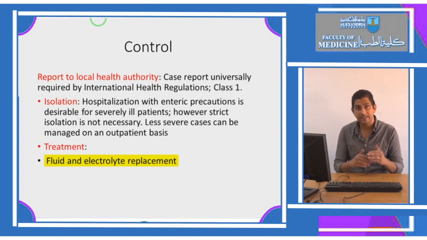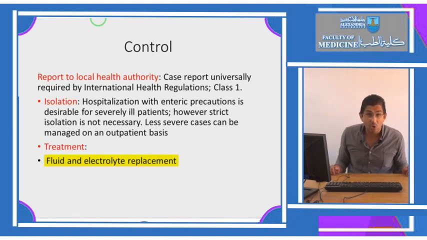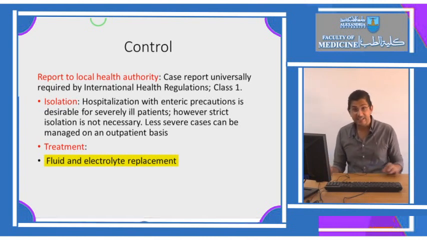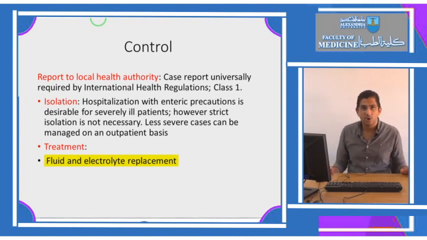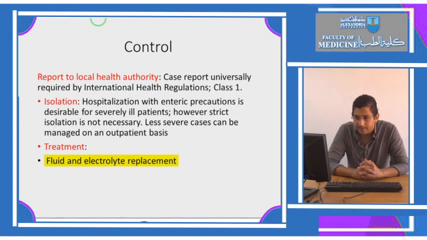So you have to replace this by fluid and electrolyte replacement, and moreover you have to target the bacteria with certain antimicrobials. Okay, we'll discuss that in the next slide.